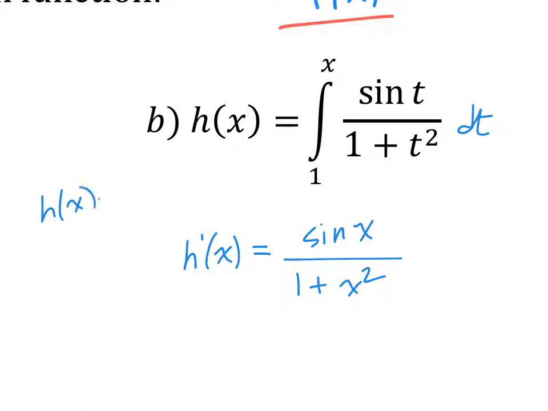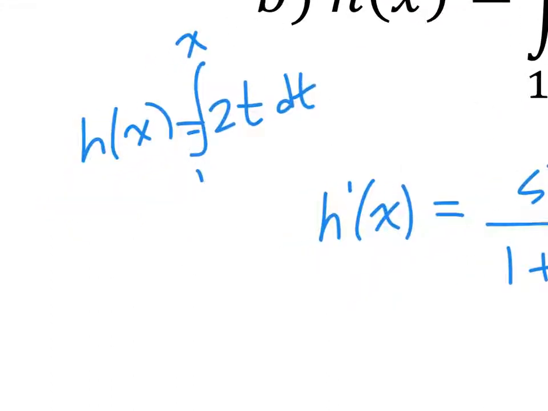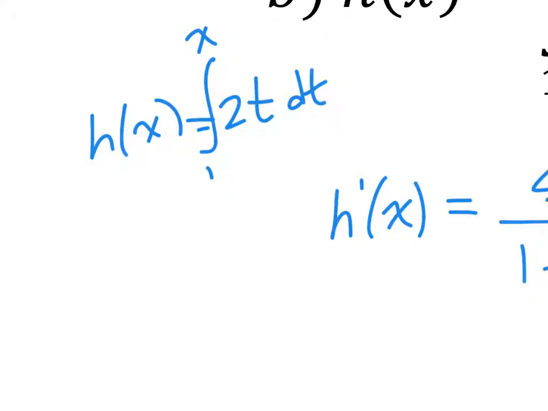Let's say you do 2x, 1 to x, t. Because this one is doable, we can just do this. So h of x is equal to t squared, right?